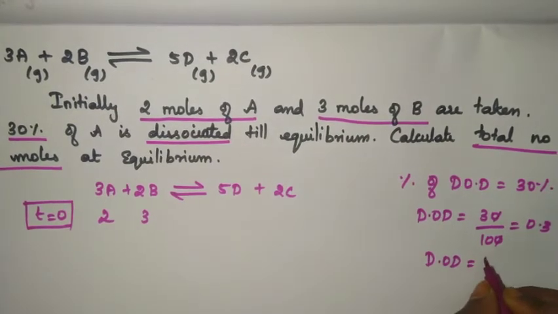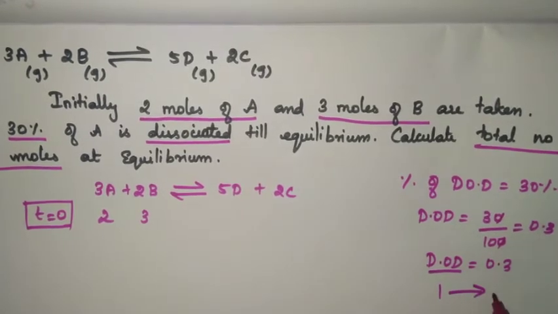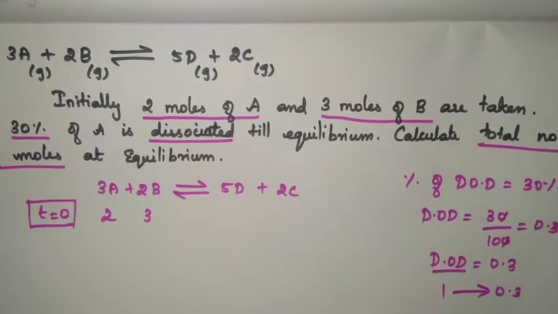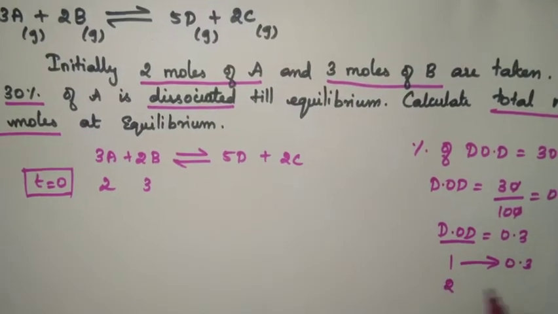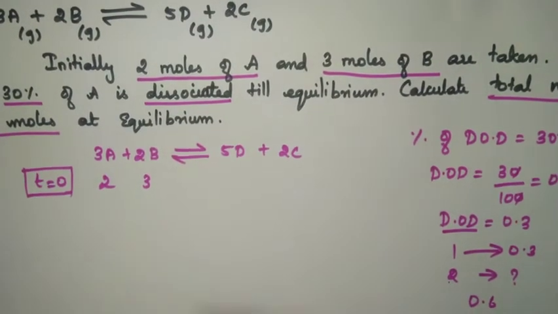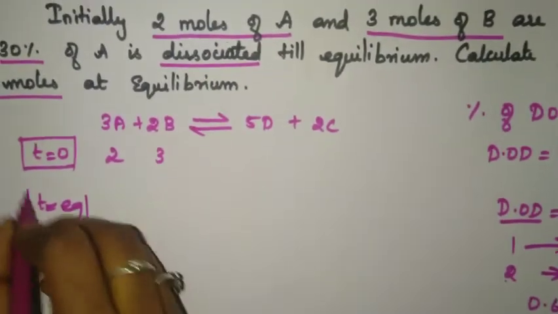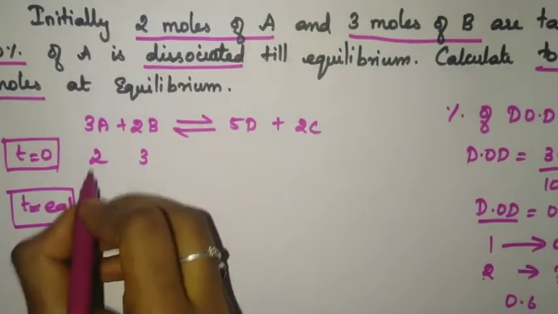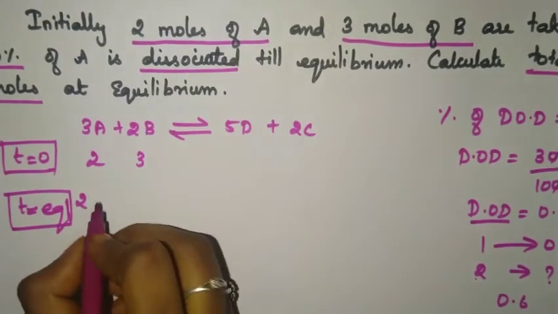What is the first trick? Always the degree of dissociation is for 1 mole. And in the question they are giving us 2. So for 2, what is the degree of dissociation? It is 0.6. So at the time of equilibrium, 0.6 mole gets dissociated from these 2 moles.